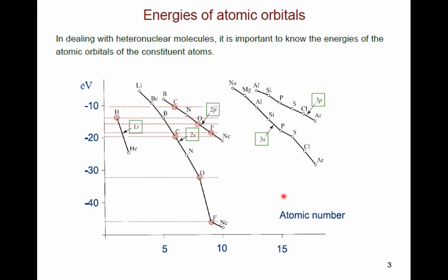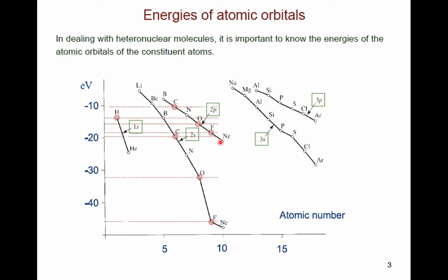Another thing, this will be important for our next lecture. This is how the atomic orbital energies change as we go across a period. I want you to notice that when we're up here at something like boron, the 2s and the 2p are relatively close in energy to one another.